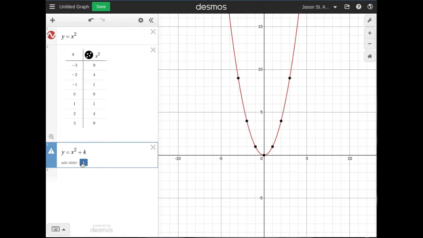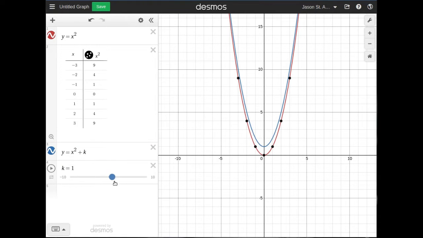So if I click this slider here, it automatically shows me that when k is equal to 1, we see that our graph has actually moved up 1. And I can tell that from looking at the vertex of each parabola. So the first vertex is 0, 0.